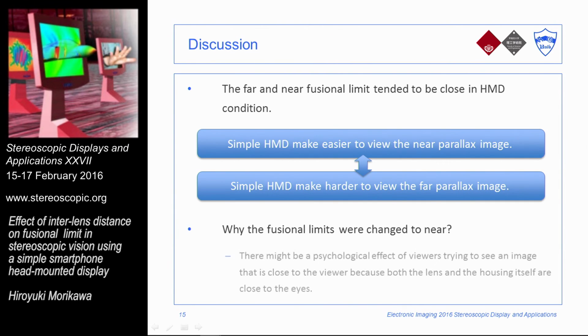Moreover, we considered why the fusional limits were changed to near. One possibility is that there might be a psychological effect of the viewer trying to see an image that is close to the viewer, because both the lens and the housing itself are close to the eye.